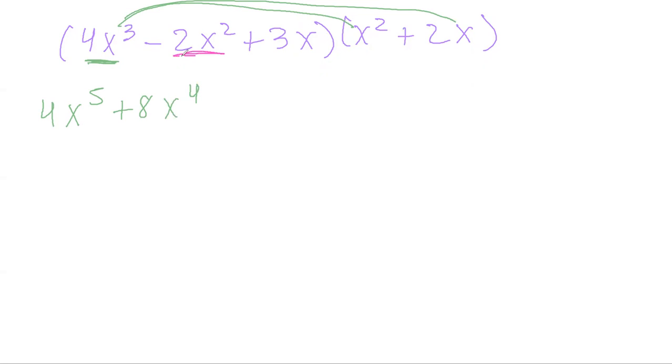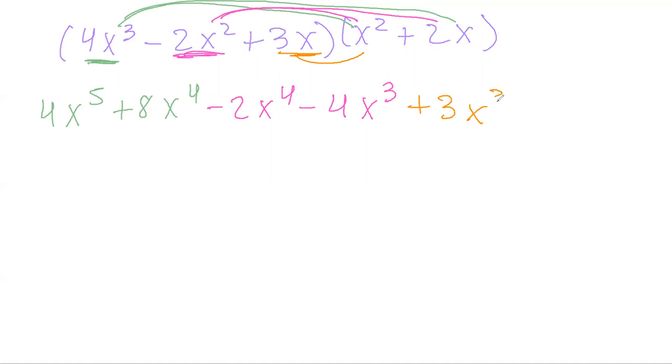Okay, now I'm going to multiply the negative 2x squared onto both of these, so multiplying to the x squared, I have minus 2x to the 4th, and then multiplying to the 2x, I have minus 4x to the 3rd. Now lastly, 3x times x squared, so I have plus 3x cubed, and then multiplying to 2x, I have plus 6x squared.